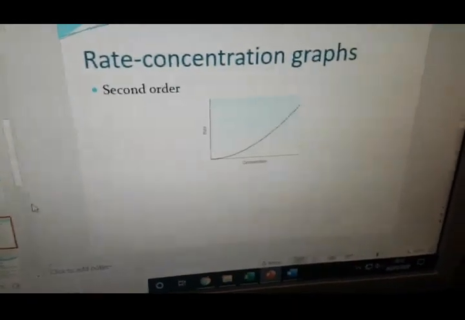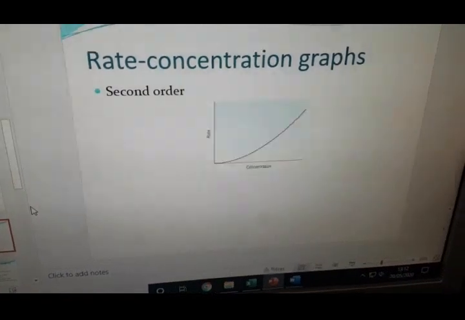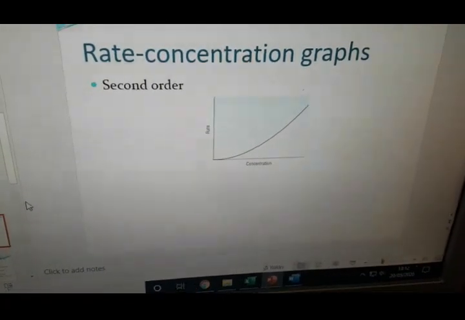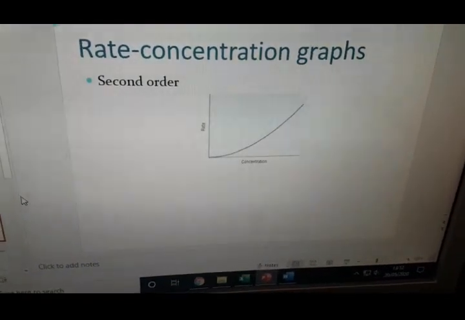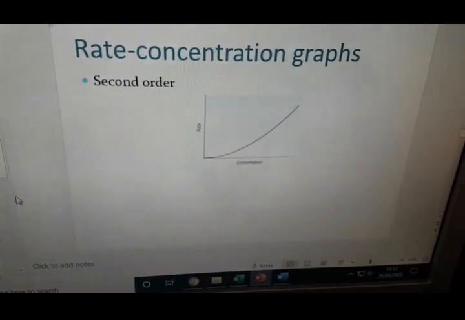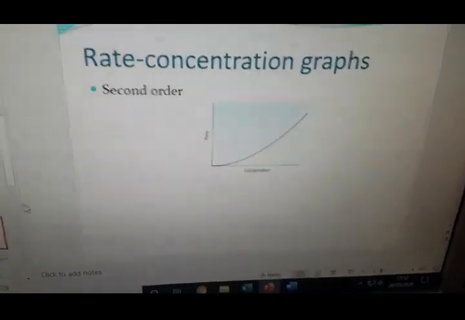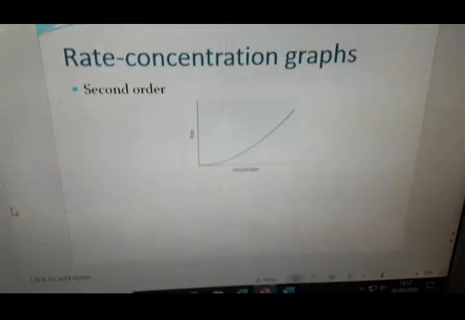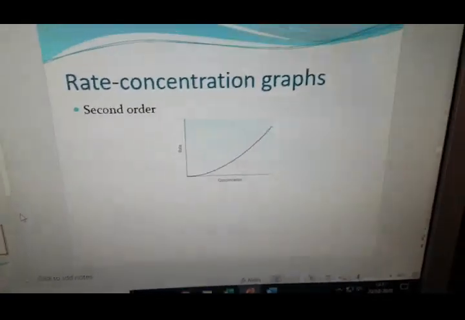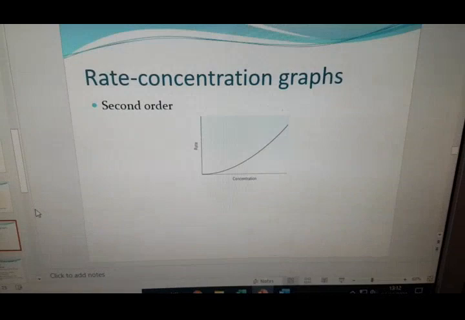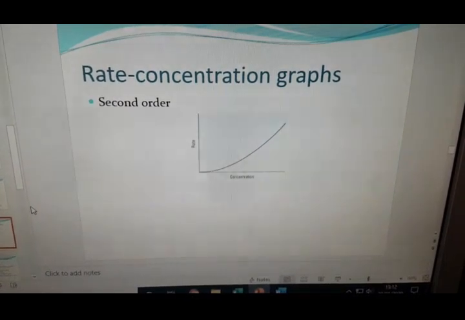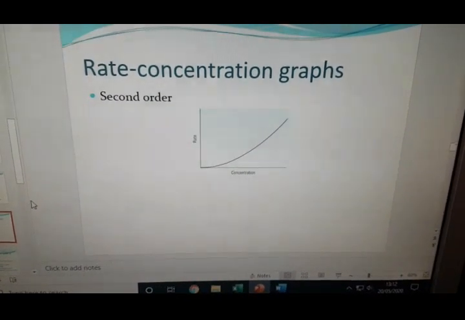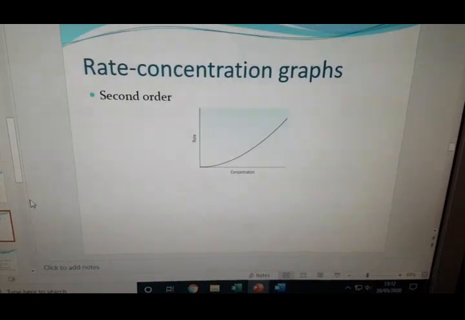Okay, that's just about it for today, really. As I've mentioned in the email, it's now a matter of just taking notes of the appropriate slides. You do have to be able to recognize and recall the shape of a conc-time graph for a zero and a first order reaction, and a rate-conc graph for 0, first and second.